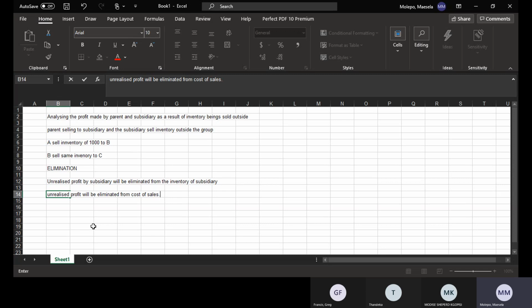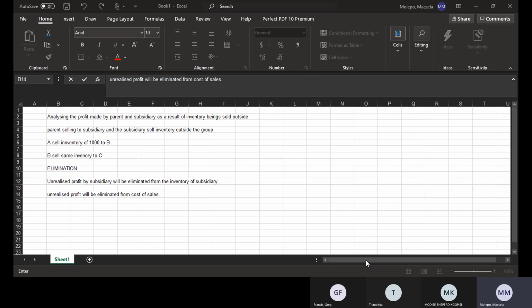However, you must note that any unrealized profit is going to be eliminated from the inventory of that particular subsidiary, together with the retained earnings on the analysis of shareholders, as well as the retained earnings on the statement of changes in equity. So if S, which is the subsidiary, sells inventory to P Limited, S Limited is making a profit, and the non-controlling interest must be adjusted by its percentage interest in profit, so that we eliminate that particular unrealized profit.